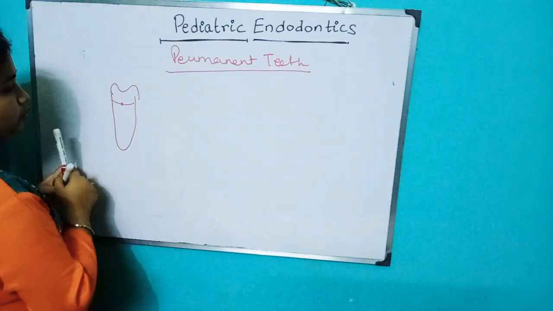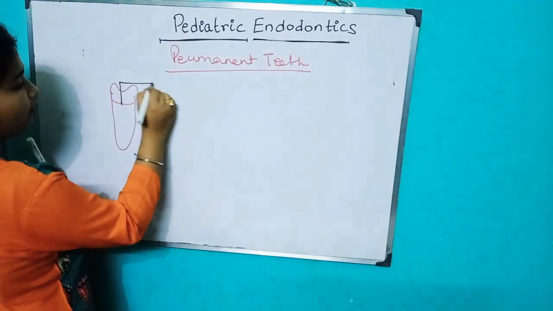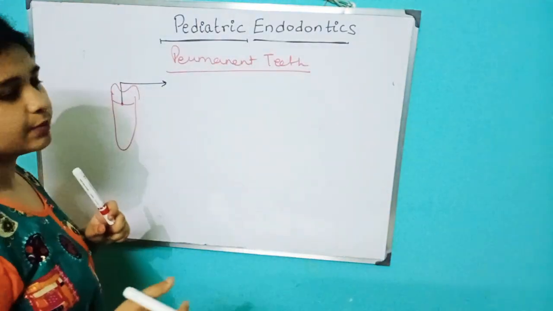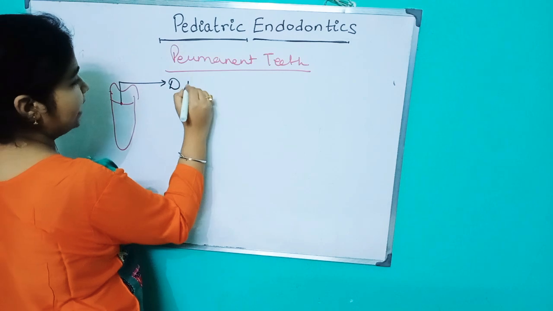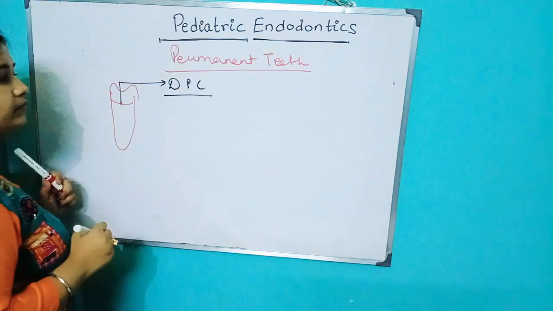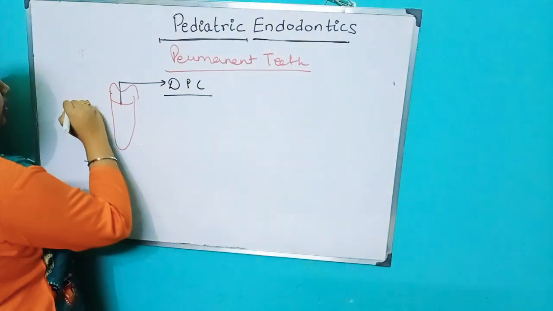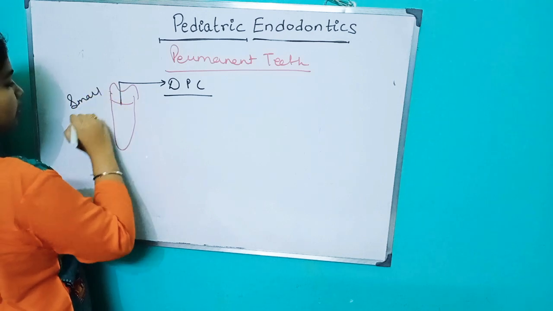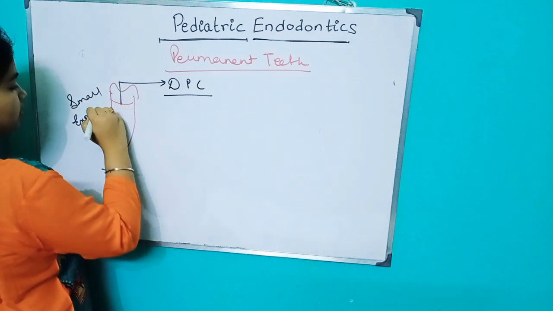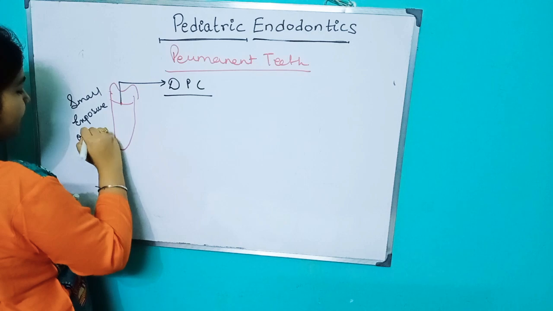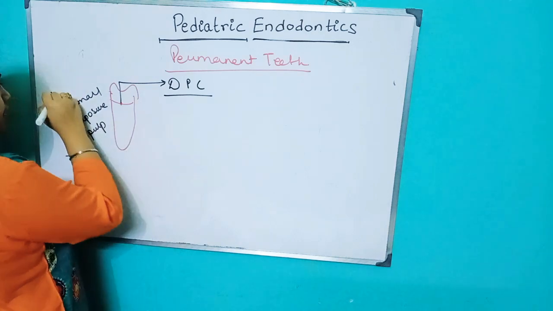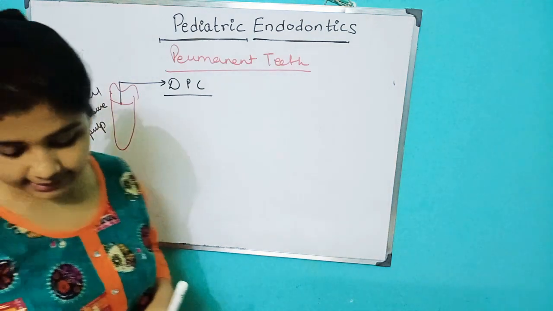What will we do? Obviously, it might be a small exposure, so direct pulp capping in small exposure of pulp. That is first.